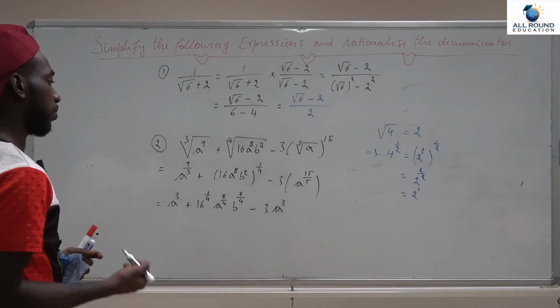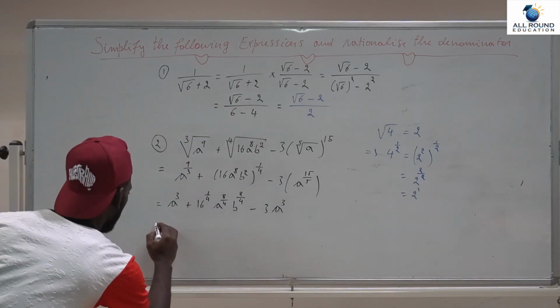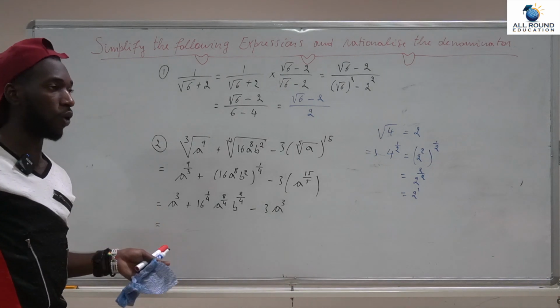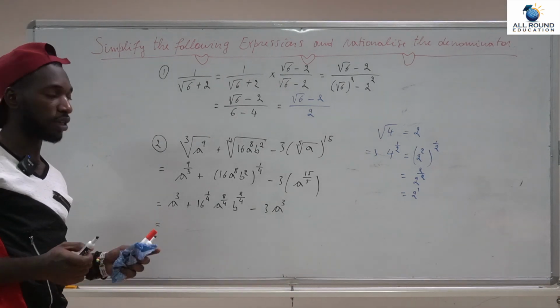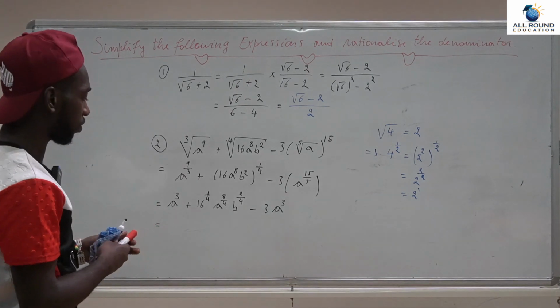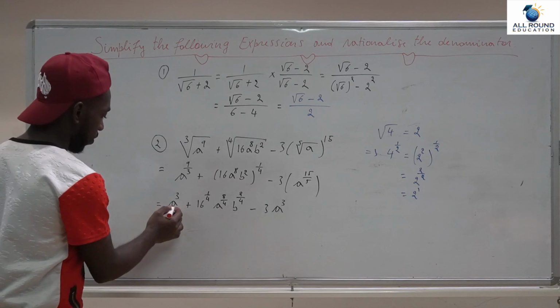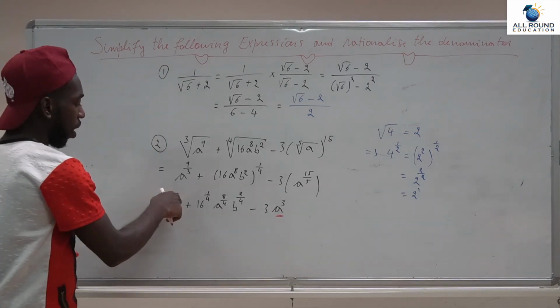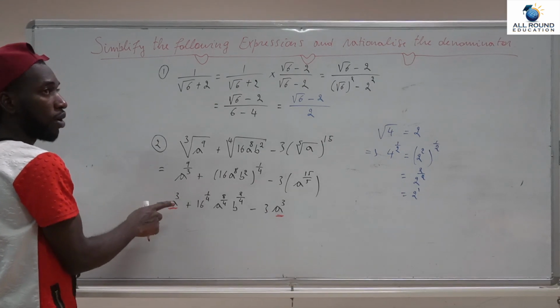Right. So now let's move on to the next line. Remember, when we are simplifying, adding or subtracting same factors, what we look at is we analyze the like terms, right? Like terms. So you can see here, this and this. The powers have to be the same.